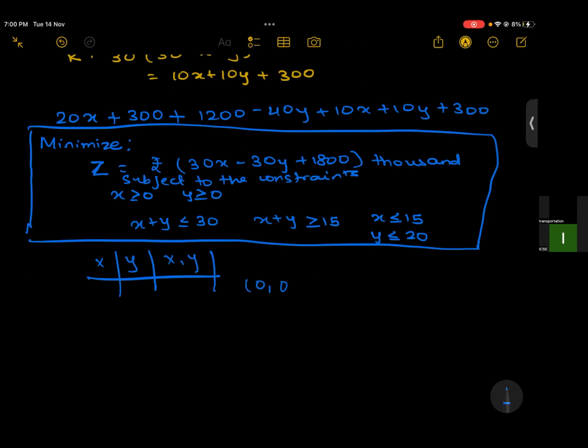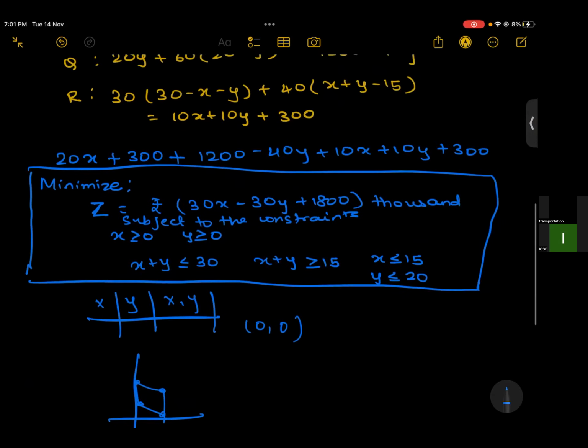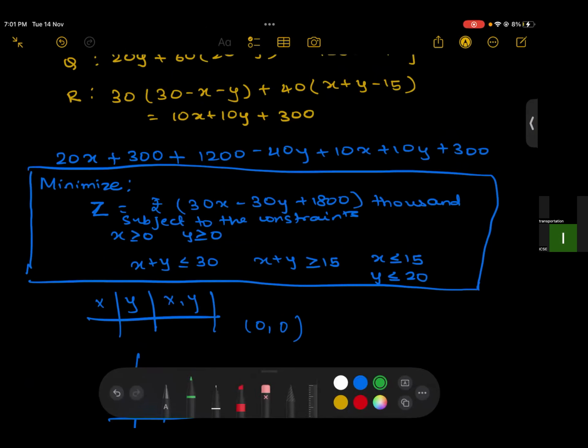You'll plot your points onto the graph and find your region of feasibility. You can substitute the points of the region of feasibility into your Z equation, and the minimum value will be your minimum required money. But here they've just asked you to give us the LPP problem. So this out here is your final answer.